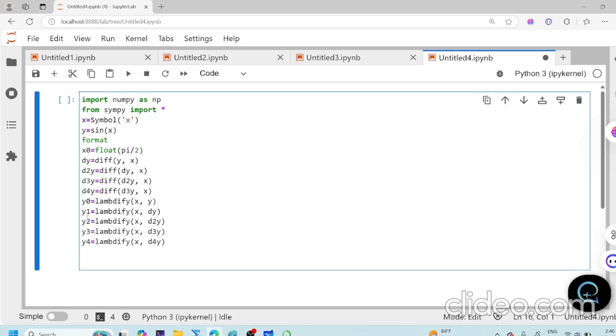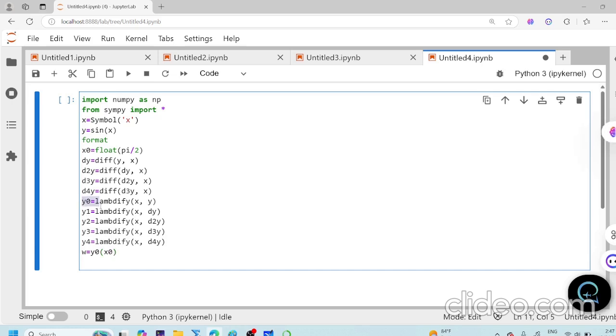Next I have to write the formula for the Taylor series expansion. Again you can use y, nothing wrong, or if you want you can use another variable. Say let me use f, or let me use w. So w equal to y naught of x naught.